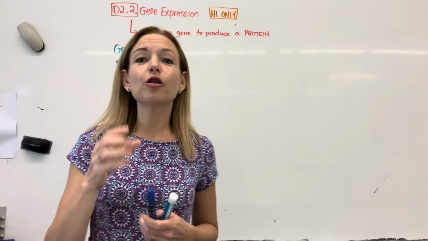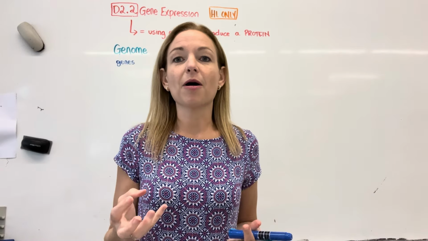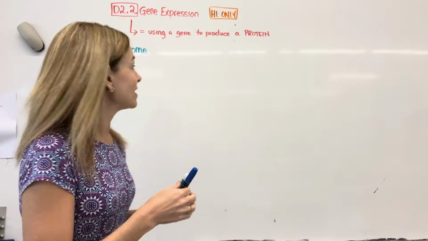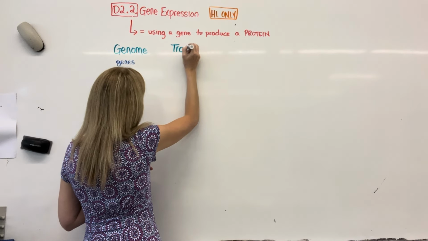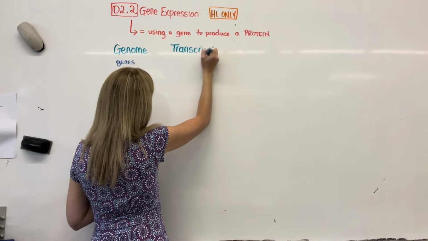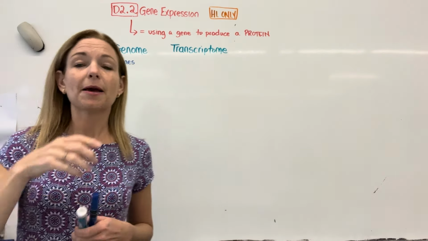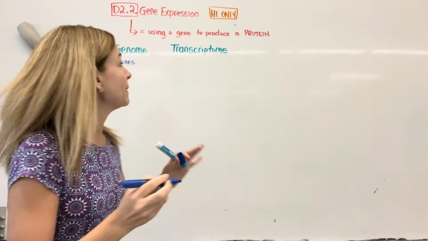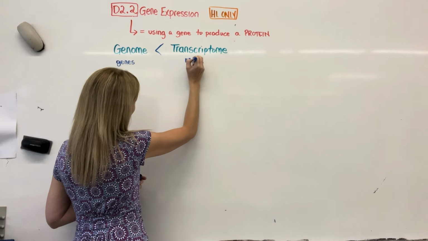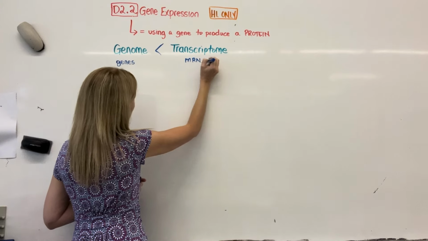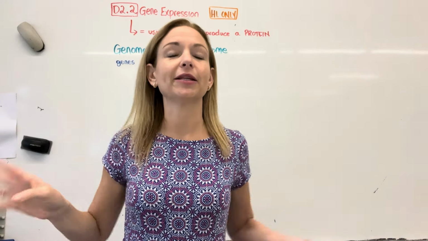Then from those genes, the cell is going to have a set of mRNAs that it can make. So that's going to be a transcriptome. And in general, a transcriptome is bigger than the genome because of things like alternate splicing. One gene might be able to make multiple different mRNAs depending on the splicing.